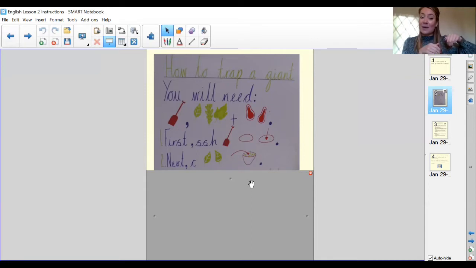Next, comma, carefully scatter the leaves over the hole to cover it. Full stop. Fantastic. And that's all we're going to practice for today, just the first part, just so we remember it. Well done.